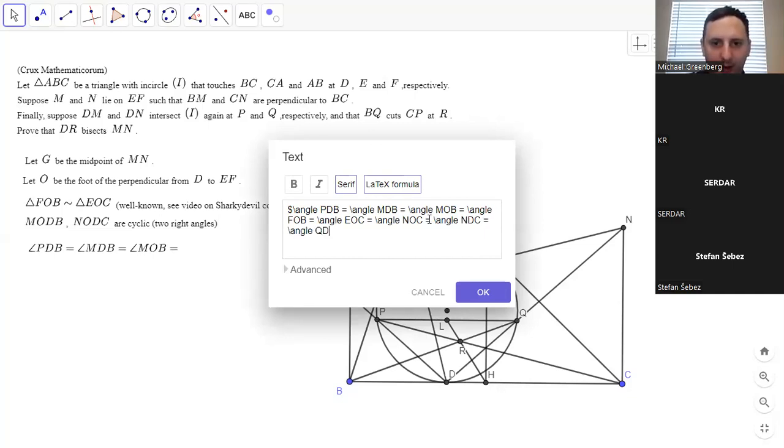Maybe I made that longer than it had to be, but let's see how this turns out.